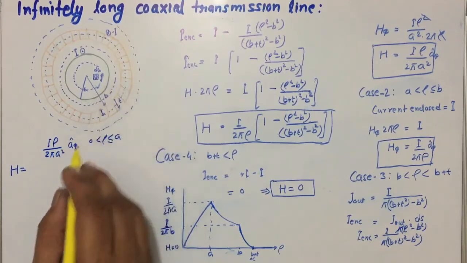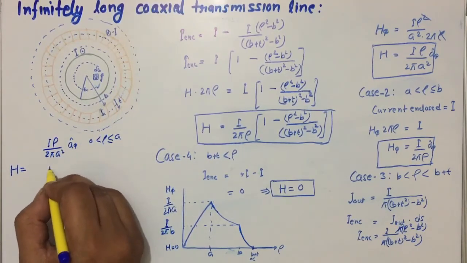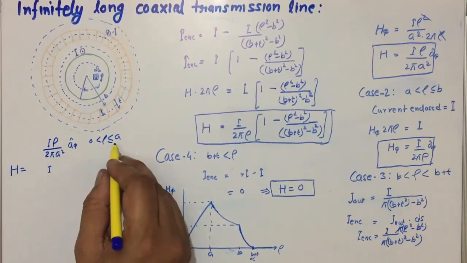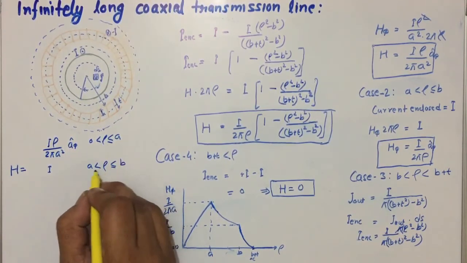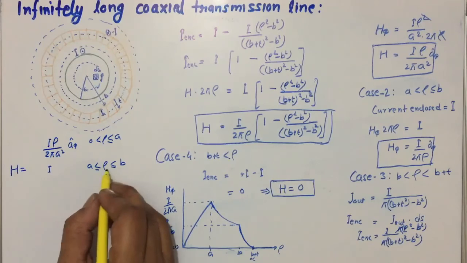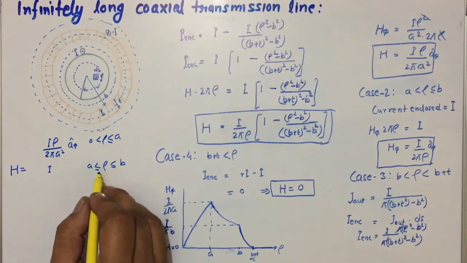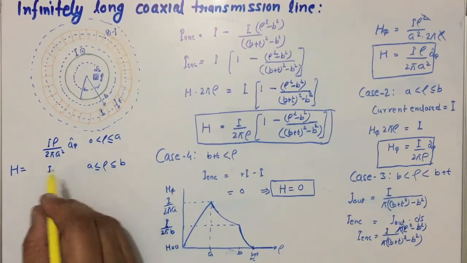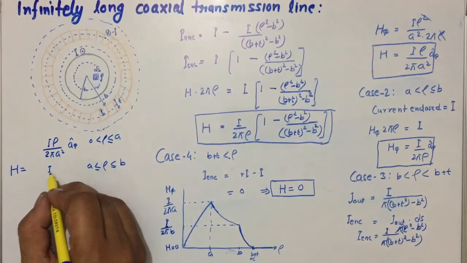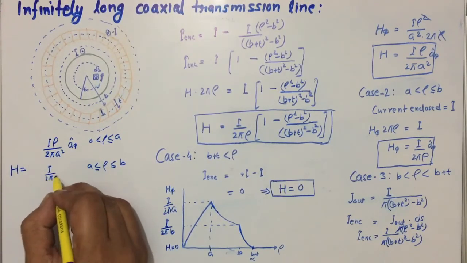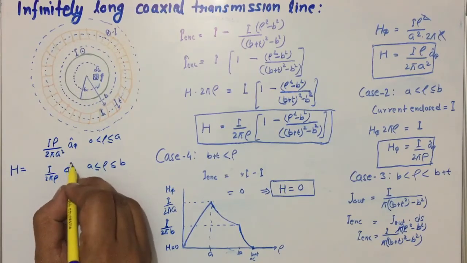In all the cases, we find that H is in the direction of phi. And when rho is more than A and less than B, equality you can put according to your suitability, H is I divided by 2 pi rho in the direction of a phi.